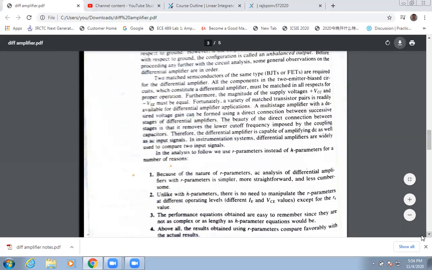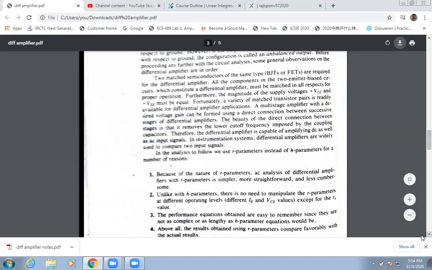Unlike with H parameter, there is no need to manipulate R parameter at different operating levels, that is, different emitter current and different collector emitter voltage values, except for RE value.